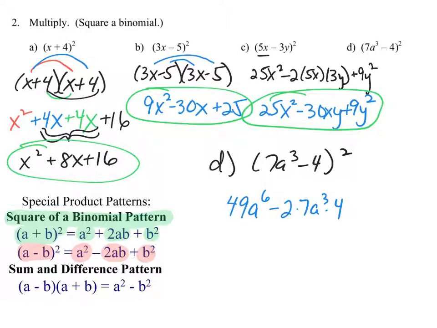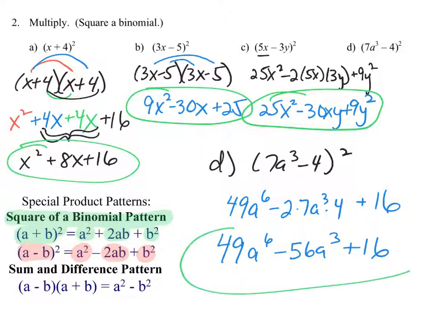And then square the last term. Negative 4 times negative 4 is 16. So we can write this as 49a to the sixth minus 2 times 7 times 4, which is minus 56a to the third, and plus 16 as our final answer when we're squaring a binomial.